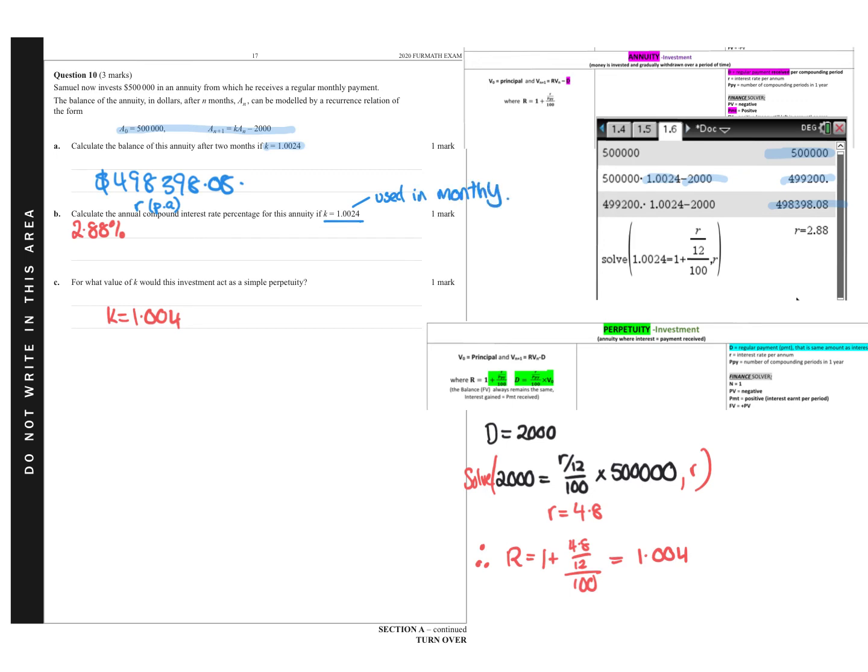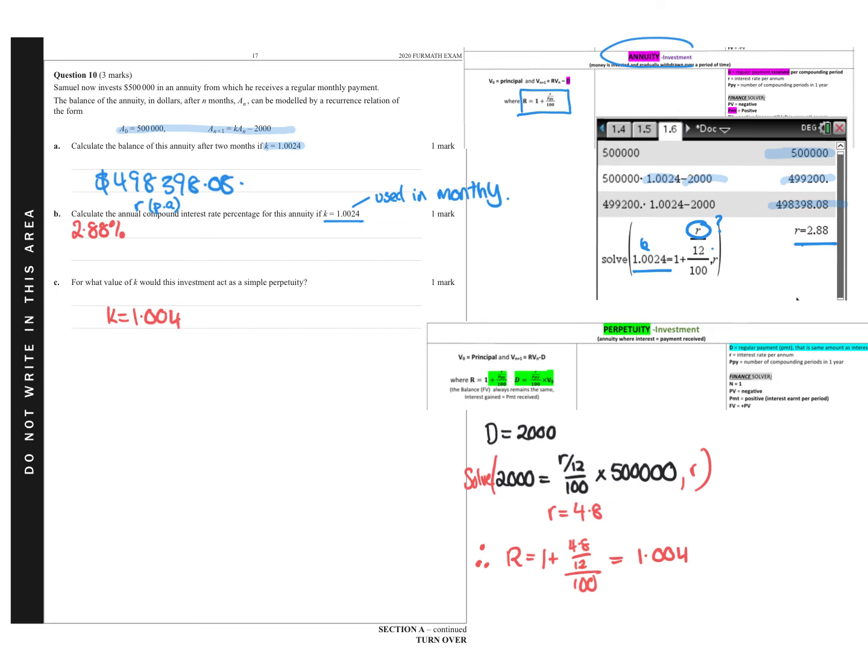If you look, this is an investment, so I've gone over here and we've got an annuity investment, and if you look at the R here, we've found the R value. That's what we've got in this monthly formula. So I have written that out here. We know what K is, and R is what we're trying to find out, because we know it's 12 ppy, and then you can just solve and we end up with 2.88.